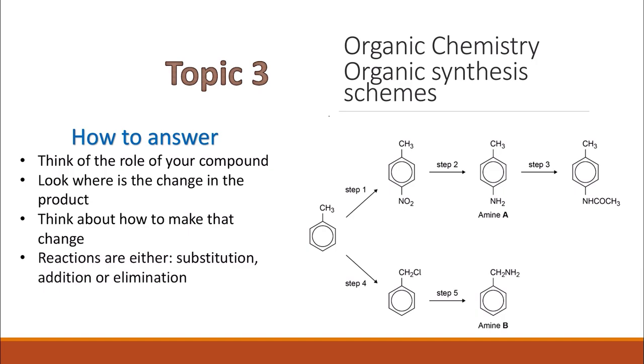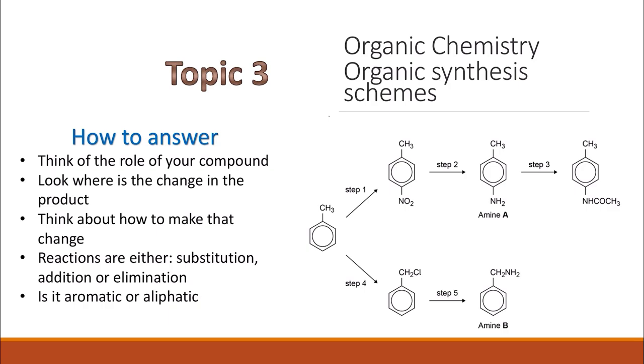And remember that reactions are either substitution, addition, or elimination, or let's say reduction, even though reduction is either a substitution or an addition, but we're just going to say reduction for now. And then you need to think about whether the reaction took place on an aromatic ring or an aliphatic chain.